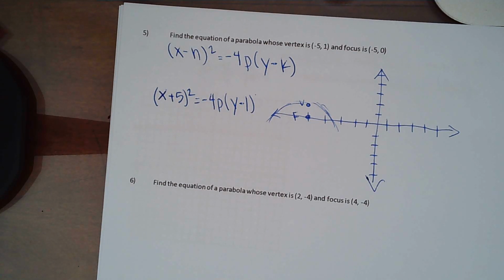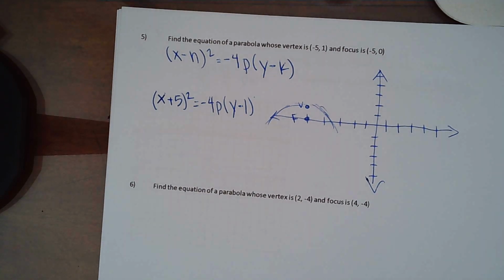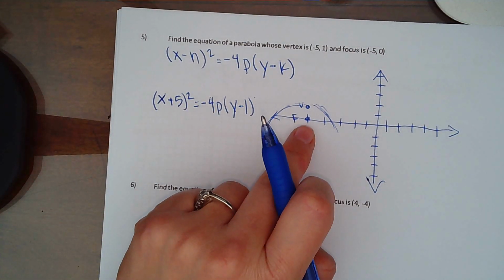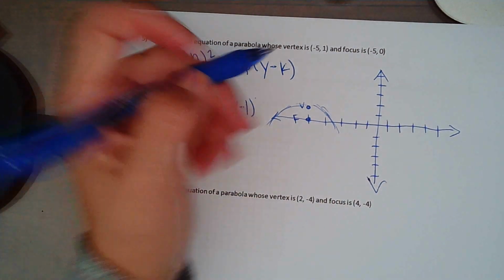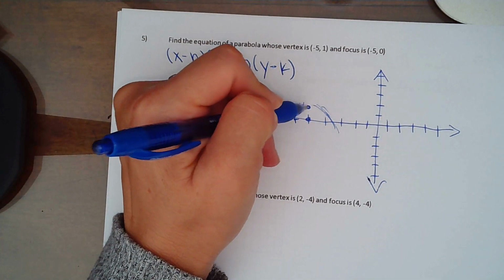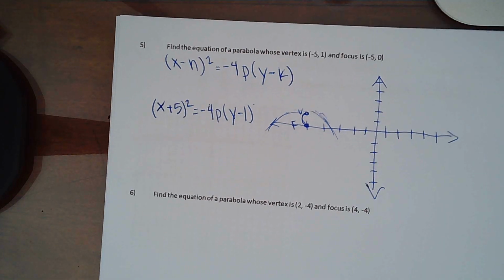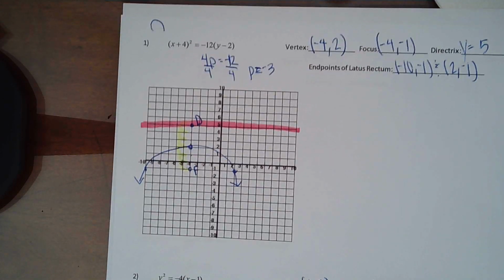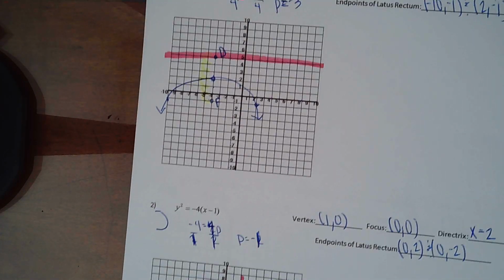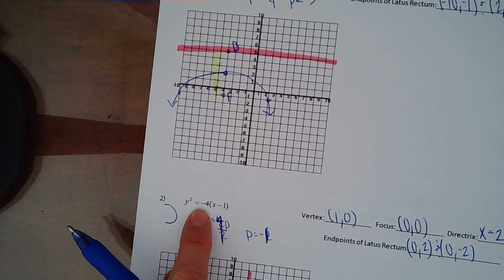Okay, now the thing is we need to figure out what our p is, right? And we remember that in order to solve for p, we need to figure out the distance between our vertex and our focus, which is technically just 1, right? So if we look back at a past problem and we wanted to see what p was, we took that 4, we set it equal to p, and it gave us a 1.